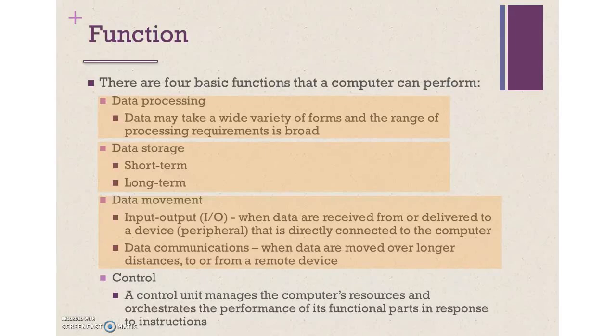When data are moved over longer distances to or from a remote device, the process is known as data communication. Finally, the control: within the computer, a control unit manages the computer resources and organizes the performance of the functional parts in response to these instructions.